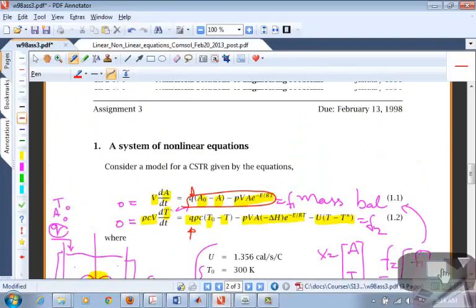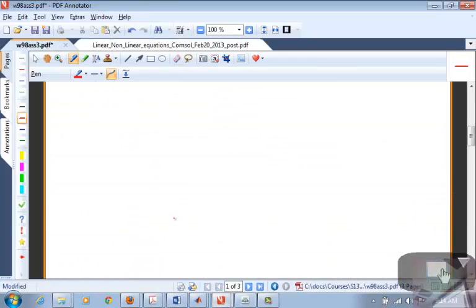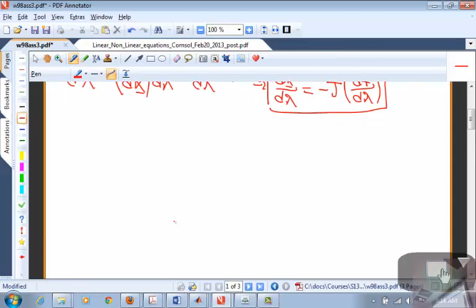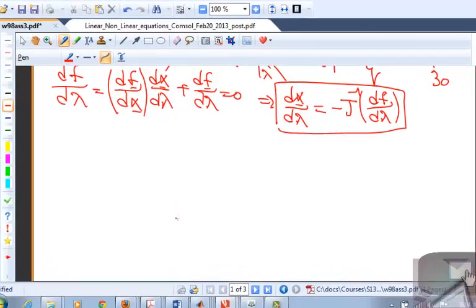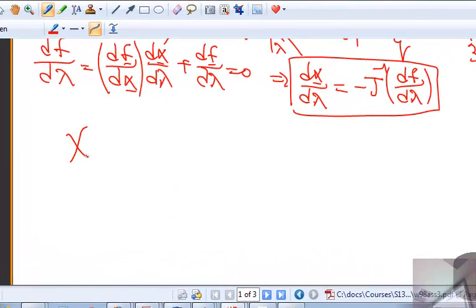Arc length scheme. So what do we do in the arc length scheme? Okay. So we have these two equations, and we know that we need to reparameterize it, meaning I need to have an extended vector x, which is now going to consist of a, t, and q.